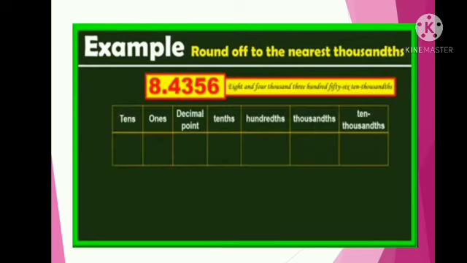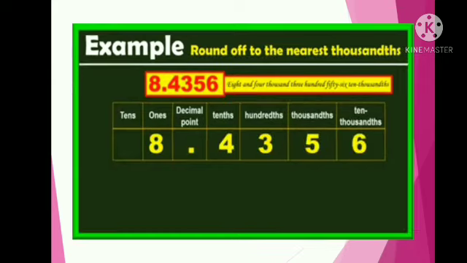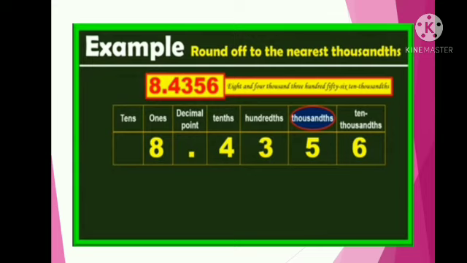Ilagay natin sa ating place value chart at hanapin natin ang ating thousandths place value at ito ay ang ating number 5 sa thousandths place value at ang katabi nito ay 6.